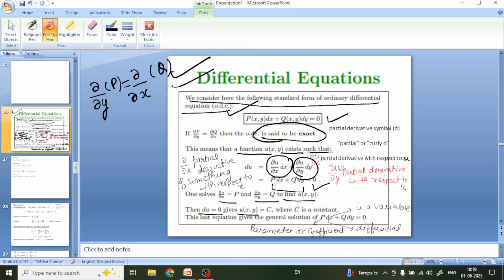It gives u(x,y) equal to c, where c is a constant, and its general solution will be P dx plus Q dy is equal to 0. P represents the parameter or coefficient, d represents the differential, x represents the variable. Like this, Q represents the parameter or coefficient, d represents the differential, y represents the variable.